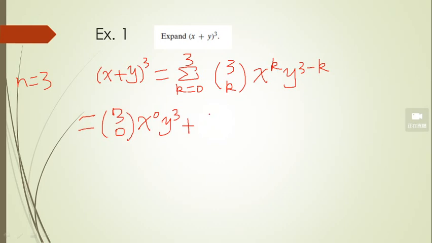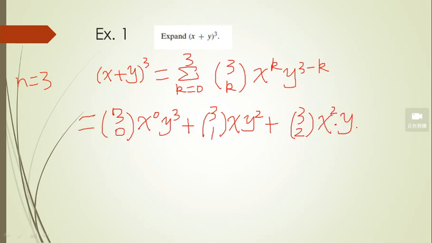So this is when k is 0, and when k is 1, you have 1 x, so I should have 2 y. And then next, I'm going to have 2 x, so it should be x squared, and I should just have 1 y.